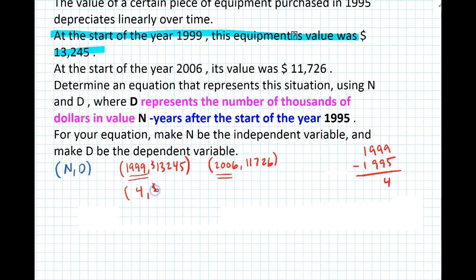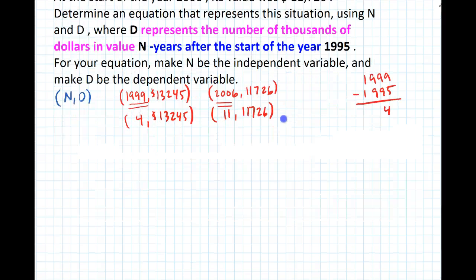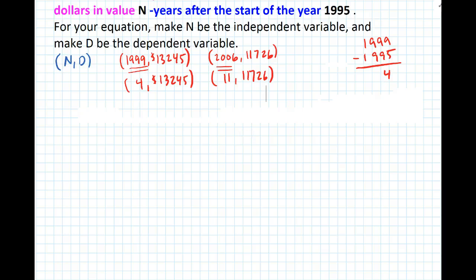So this is going to be 4 comma 13,245. This one you would do 2006 minus 1995, and we would get 11 comma 11,726.